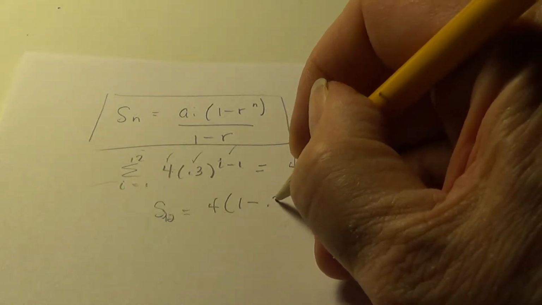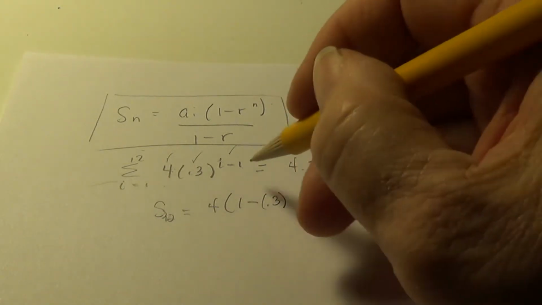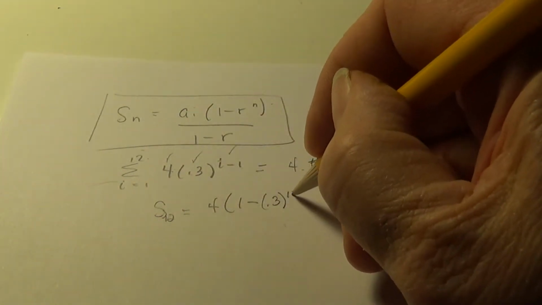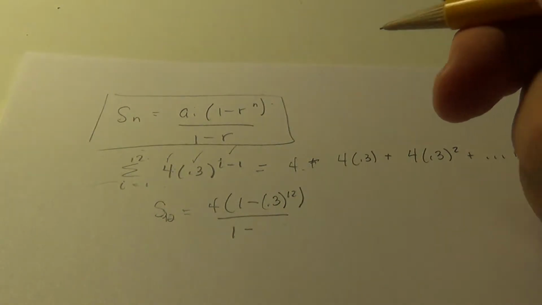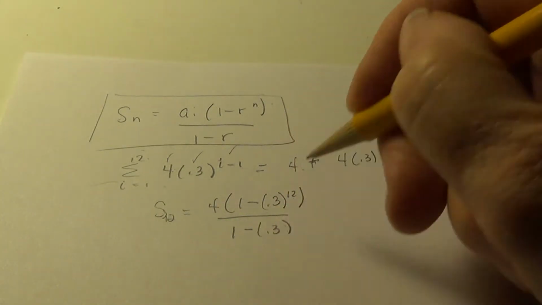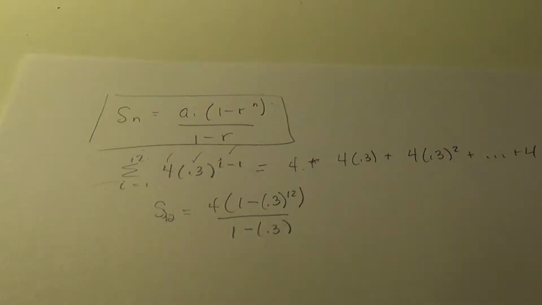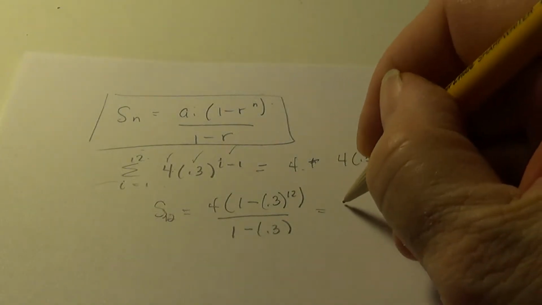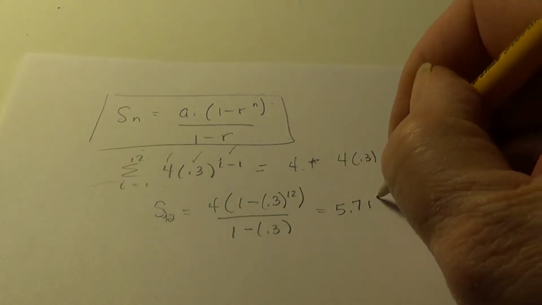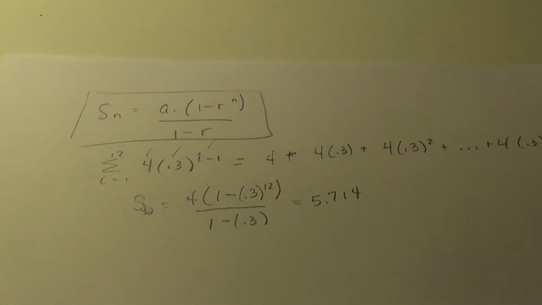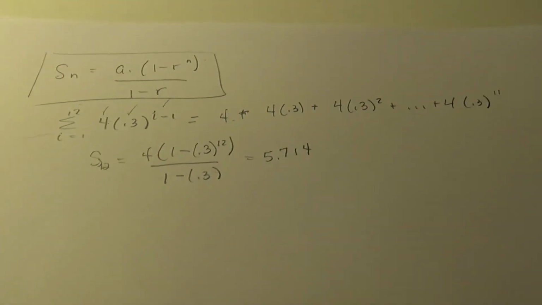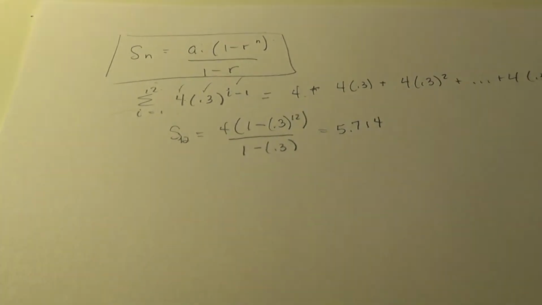Common ratio, 0.3, raised to the n, our n is 12, over 1 minus 0.3. When you tap that out in your calculator, you'll see it comes out to 5.714. So not so bad of a formula, and certainly works quicker than adding up those 12 terms.